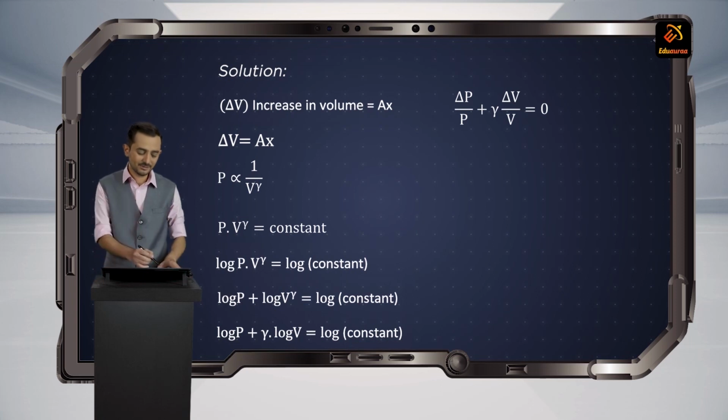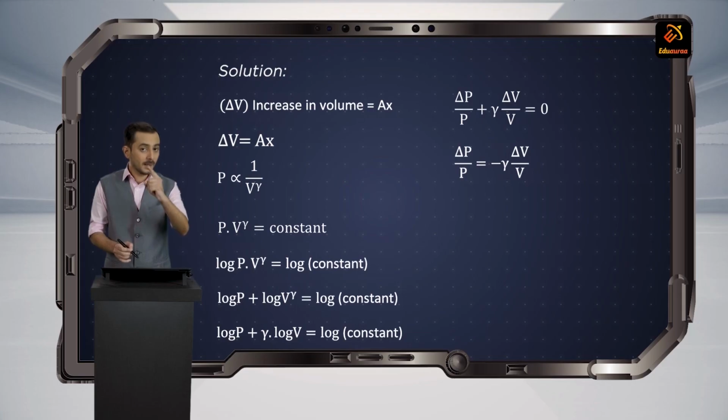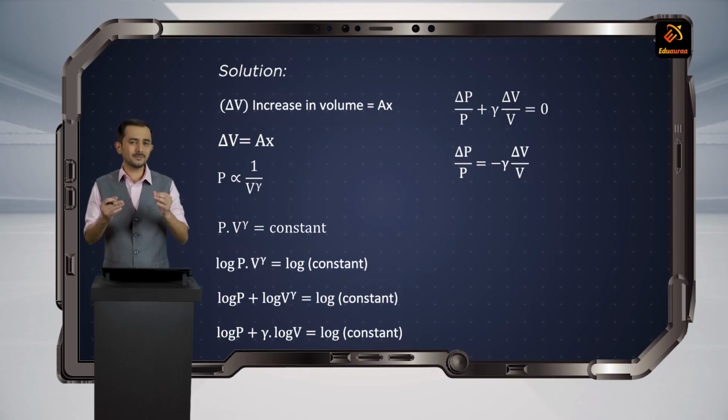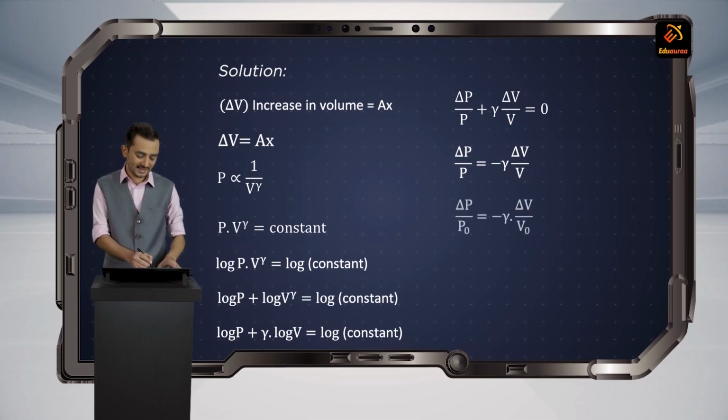Now we rearrange and we get delta P divided by P is equal to minus gamma into delta V by V. Now writing this particular expression in terms of pressure P0 and volume V0, we get, students, delta P divided by P0 is equal to minus gamma into change in volume delta V, the whole upon volume V0.